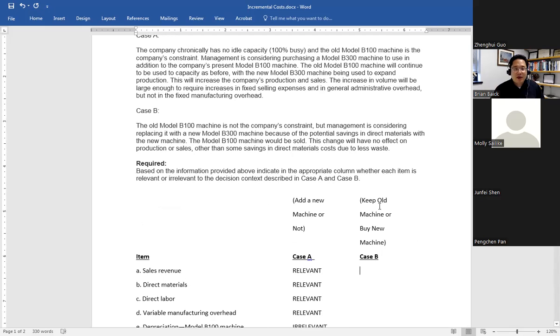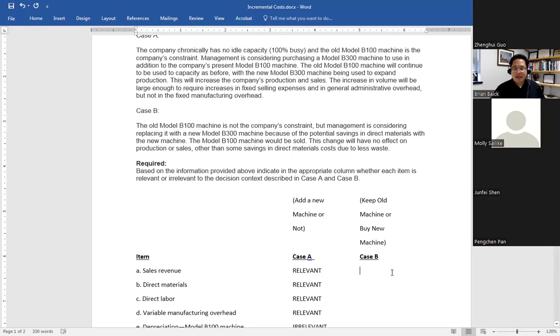The reason why I know that is because it says the machine is not the company's constraint. In other words, that's a fancy way of saying that I'm going to use the machine to make 100 units. Whether I'm using the old machine or the new machine doesn't matter. It says in the problem, there's no idle capacity.